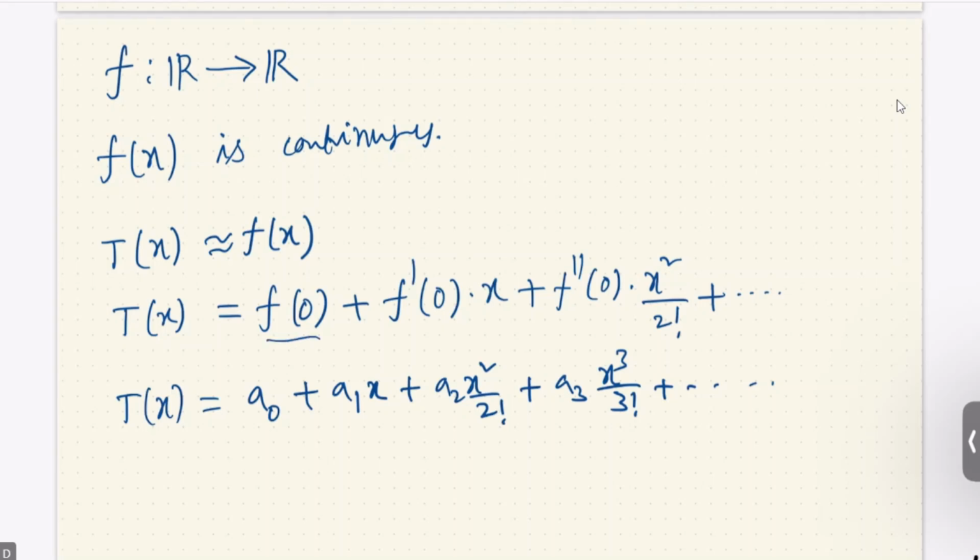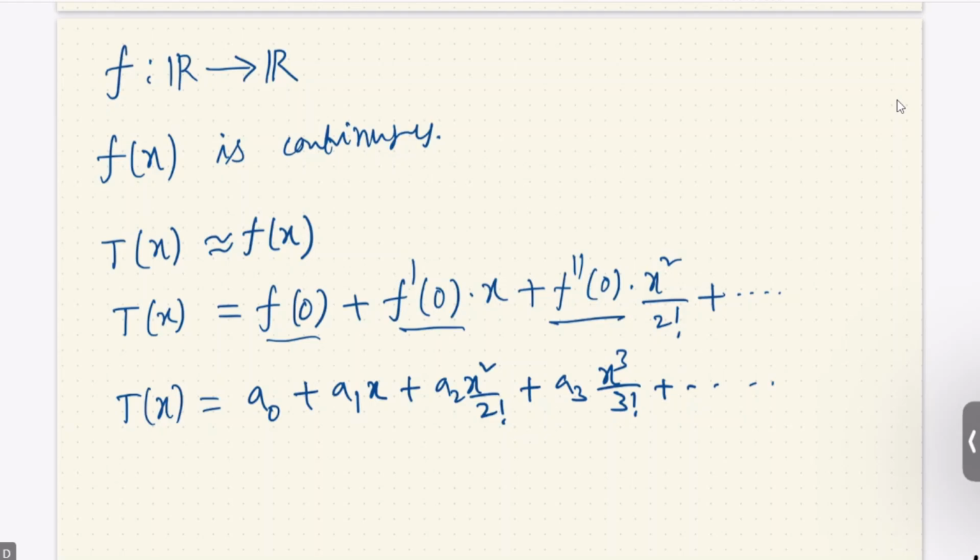The f of zero, f dash, f double dash, f triple dash, all those things I have kept in terms of a1, a2, a3. If I know a1, a2, a3, then it is approximating some function, right? If I replace a0, a1, a2, a3, and so on, the ai's, with some numbers, definitely it approximates some function?